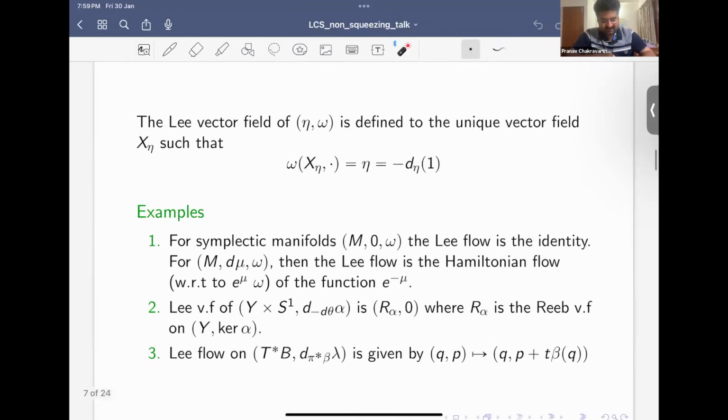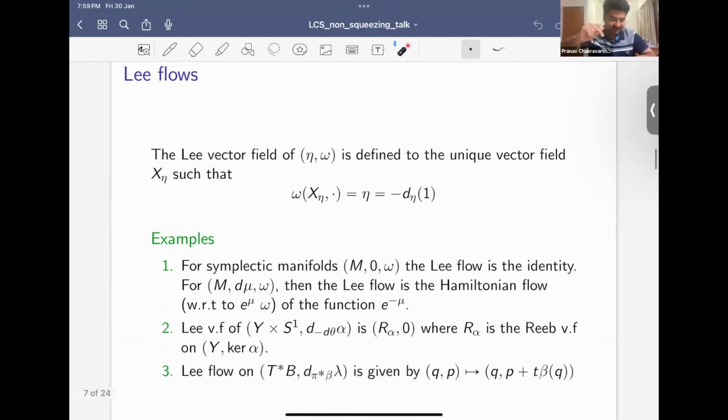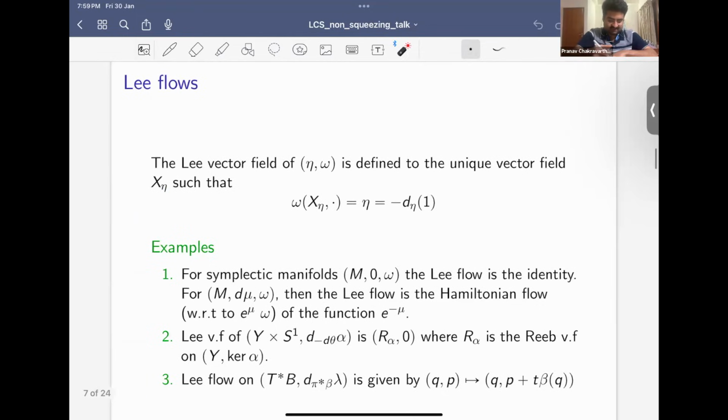A few more definitions are in order before I get to the main results that we have. One of them is something we already saw on the previous slide, and it's called the Lie flow. Sorry, this one-form is called the Lie form.